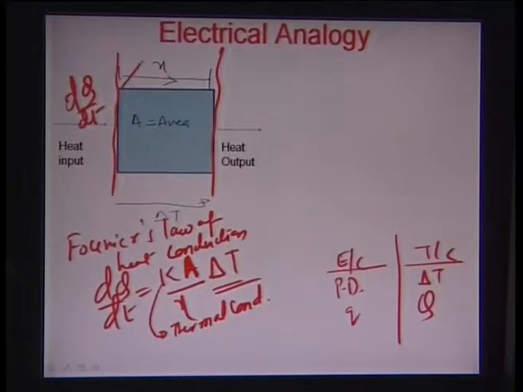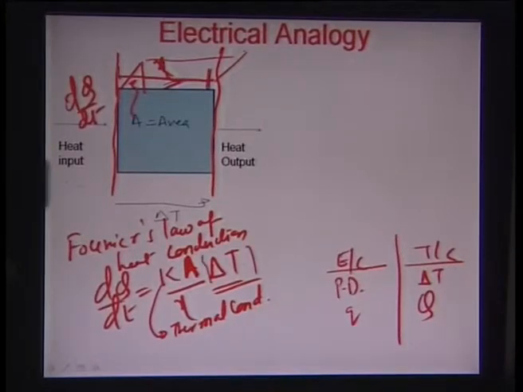So if this were assumed to be a cube, the area A is the area of this particular face. The x is the distance between the two flanks of this particular mass, and delta T is the temperature difference across it.